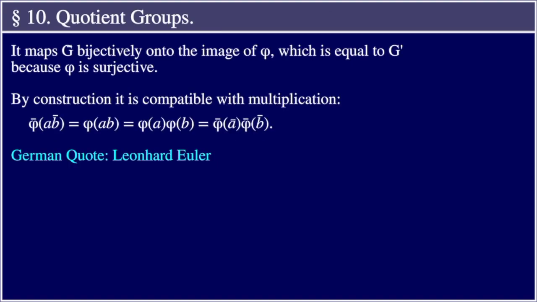It maps Ḡ bijectively onto the image of φ, which is equal to G' because φ is surjective. By construction, it is compatible with multiplication: φ̄(āb̄) = φ(ab) = φ(a)φ(b) = φ̄(ā)φ̄(b̄).